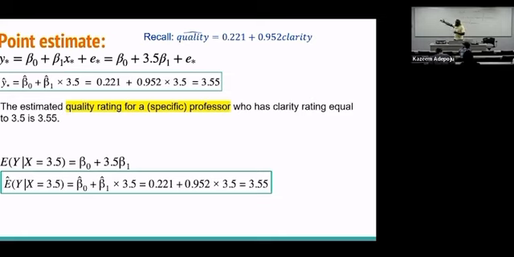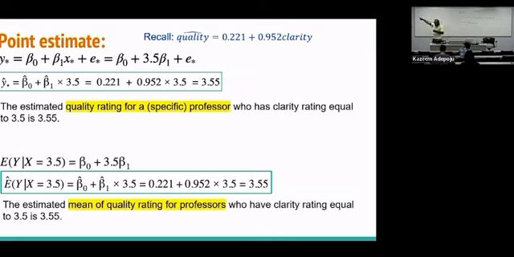Right now, we're also getting 3.55, but I need you to pay attention to this. How do we interpret the point estimate of prediction for individual one, and how do we interpret that of the average one? Even though we got the same value, take a look at the interpretation. And I need you to compare the two interpretations.